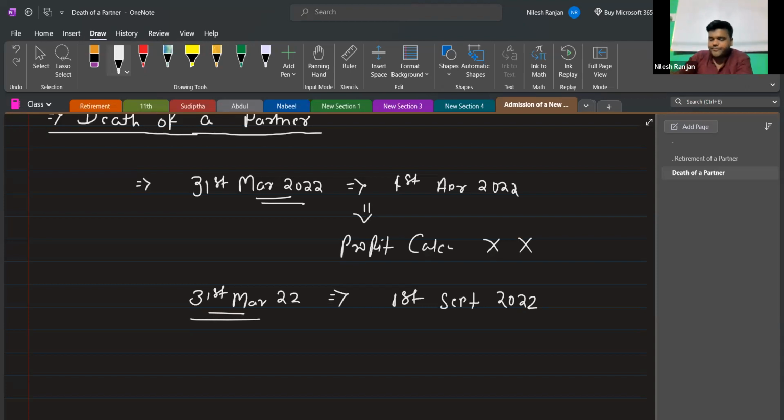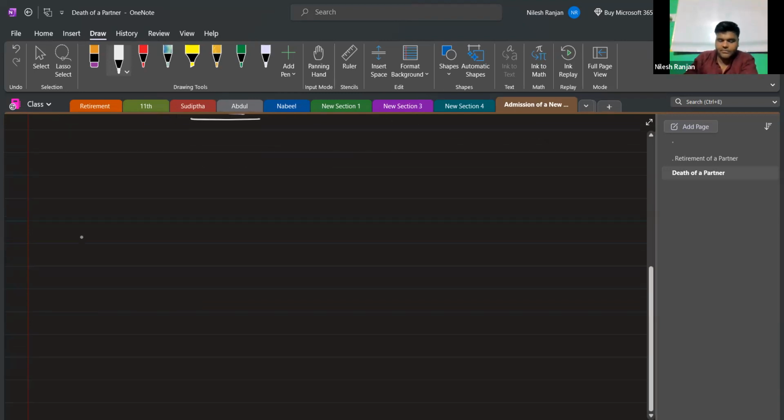And that's why we never calculated the profit in case of retirement, because retirement can be planned. Generally, the retirement date is in the beginning or ending of the year. Now, if you have to calculate the profit during the year, there are two concepts: a time basis concept and a sales basis concept.